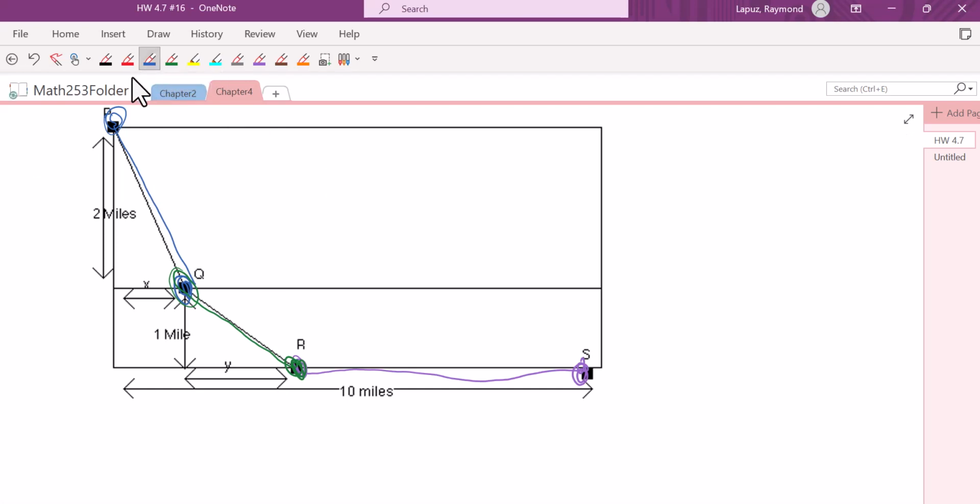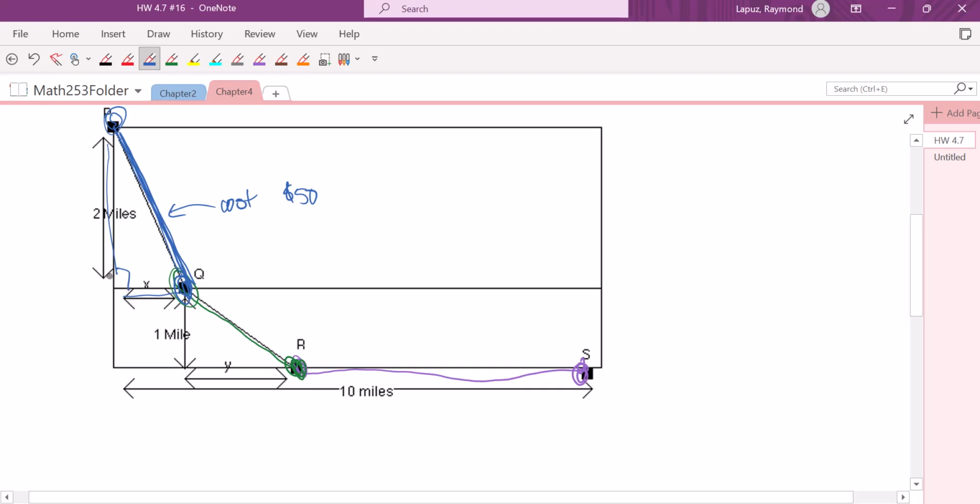So if this is 2 miles and x is your number of miles going along the horizontal for this first part, then the cost for this first part will be $50 per mile, and we want to measure this hypotenuse of this right triangle.